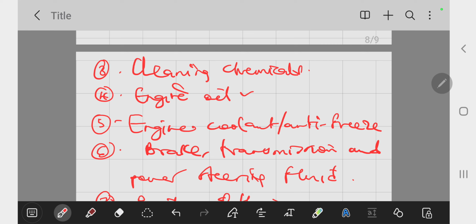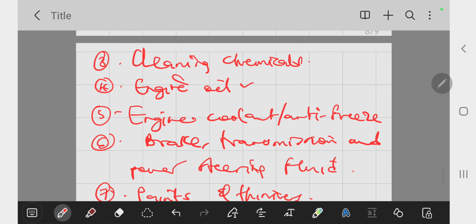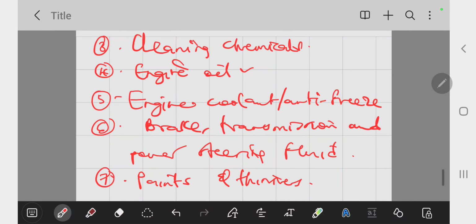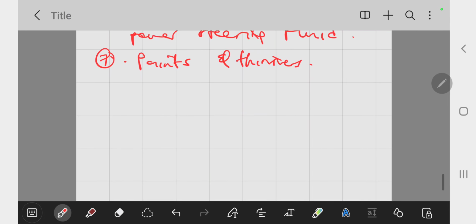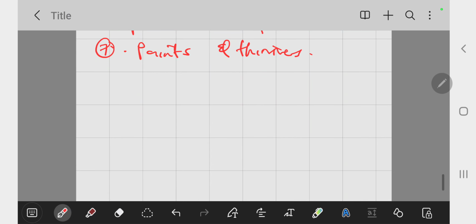You have different kinds of engine oils, and then you have engine coolant, to help cool your engine, your radiators and all that, also known as antifreeze. Then you have fluids for lubricating, such as brake fluid, transmission fluid, and power steering fluid. Yeah, so that's basically it. So now I would say the last thing we are required to look at is what material safety data sheets are, also known as MSDS.